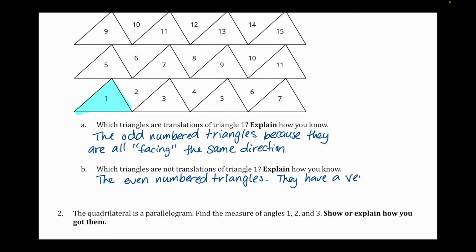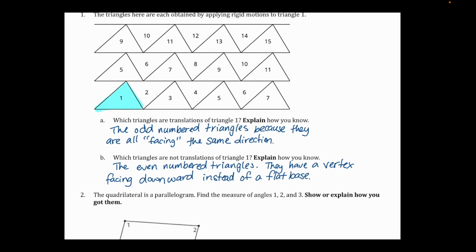They have a vertex facing downward instead of a flat base. And that's the answer for that one. So the even numbered triangles, vertex facing downward instead of a flat base.